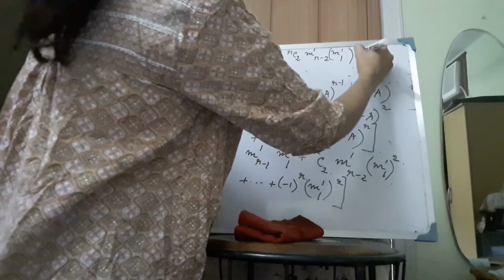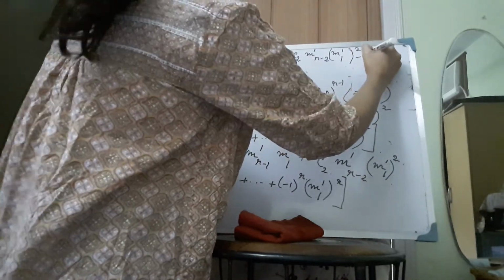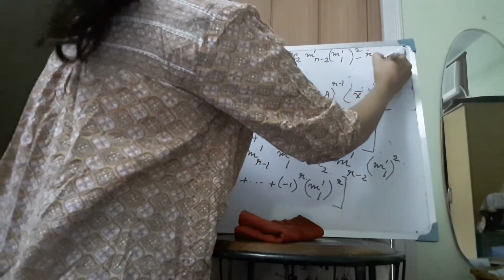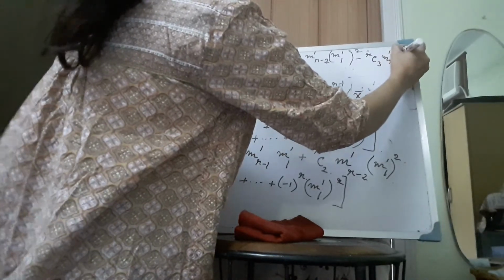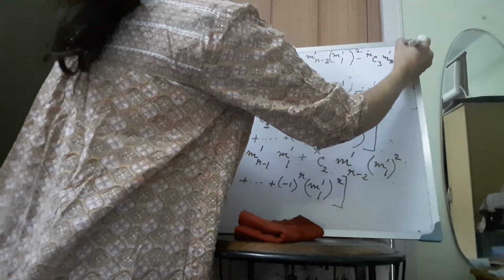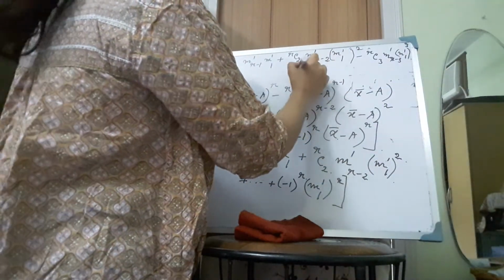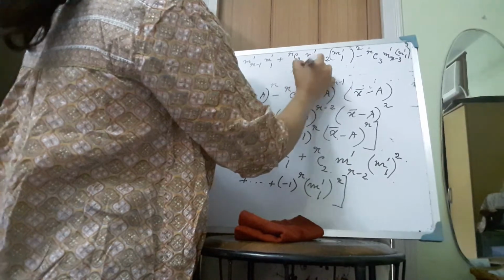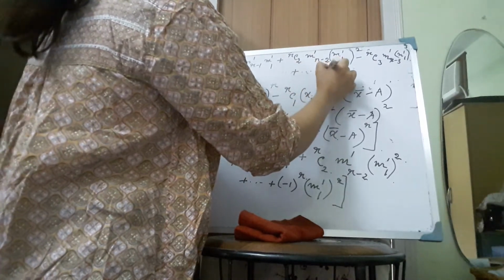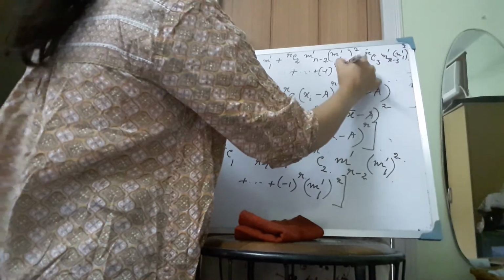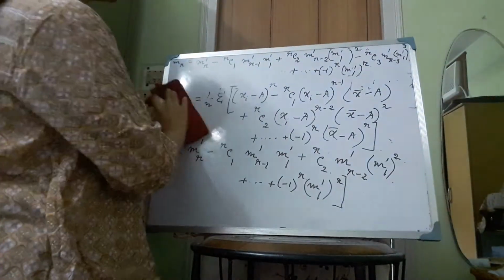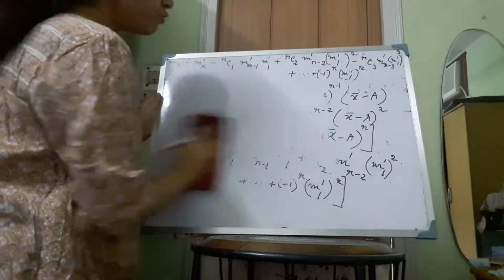So this is the third term. Then the fourth term becomes rc3 m dash r minus 3, and here we will get m1 dash cube and so on. And then the last term that we will get is minus 1 whole to the power r m1 dash whole to the power r. Now we will be considering different values of r.